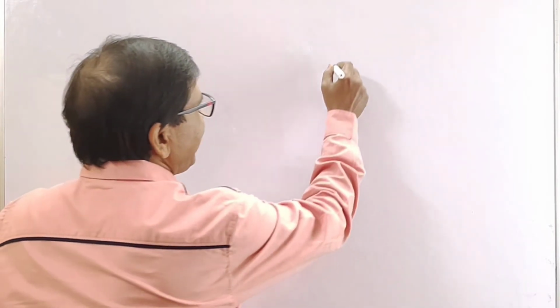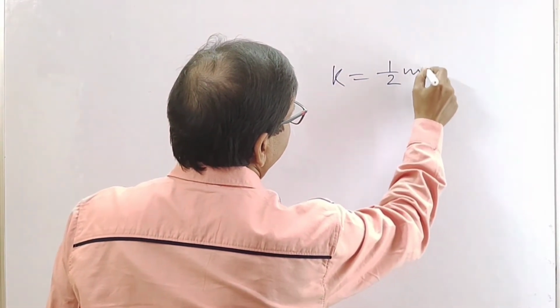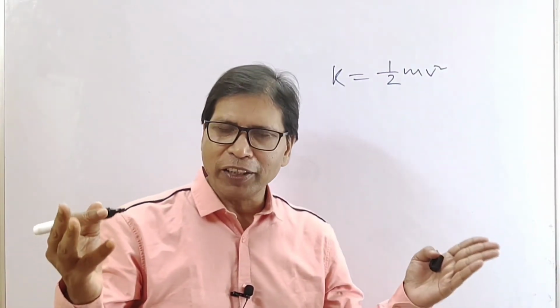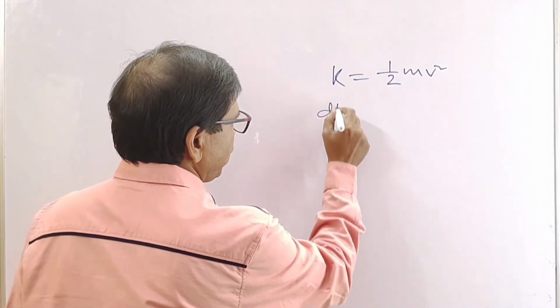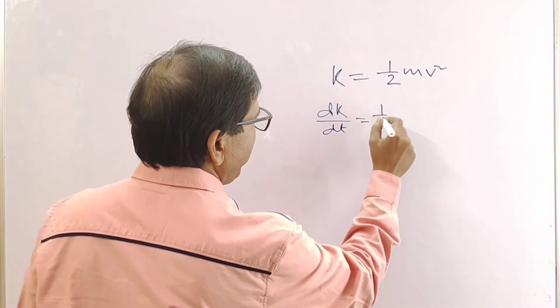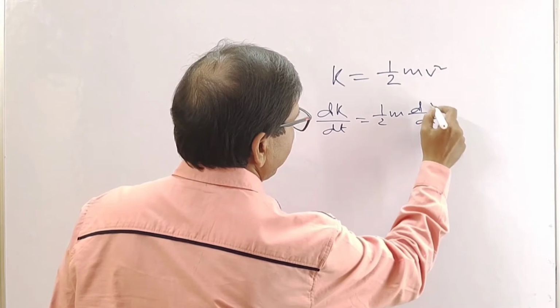Okay. Now the work energy theorem for variable forces. Kinetic energy K is equal to half mv square, where m is the mass of the body moving with velocity v. Now differentiating with respect to t, dK by dt is equal to half m into d by dt of v square.